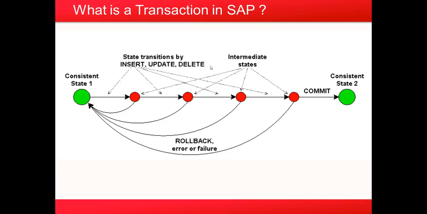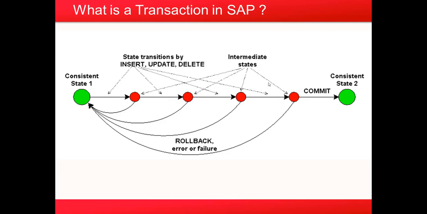So whatever happens, it happens as a single unit. This is one unit, this is another unit. Up to that particular unit, the transaction is consistent. A transaction is a sequence of SQL statements that the database system treats as a unit. A transaction brings the database from one consistent state to another consistent state.